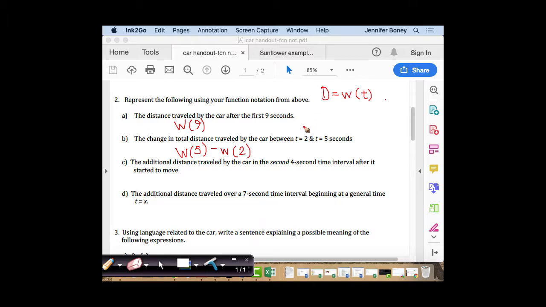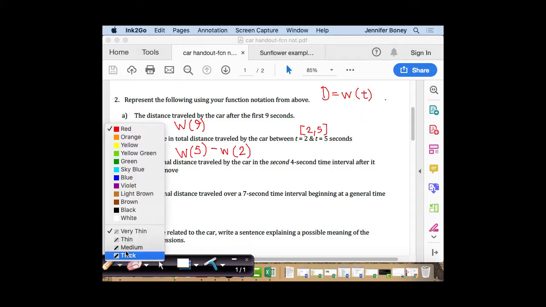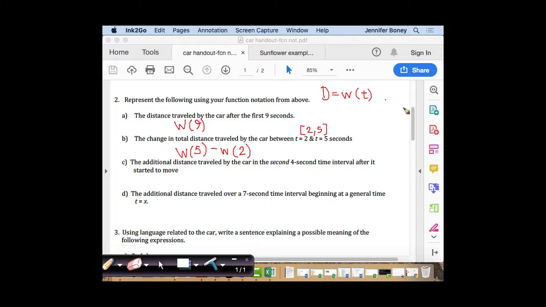So if this is helpful, if you want to think of during the time interval 2 through 5, I have a value of how far it has traveled altogether at both ends of that. No matter what this function looks like, if you want to think of this graphically, which you don't have to, we have no idea what this function might look like, other than how it would have to go through the origin based on our definitions. After no seconds, it hasn't traveled anywhere since it started moving.